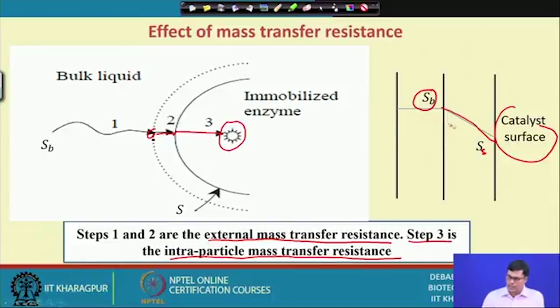So, you know that this is the gradient that we have. This concentration is in all cases less as compared to the bulk substrate concentration. And what is the gradient here? SB minus SS, or S that we have here. In this we have considered the substrate concentration at the surface as S.